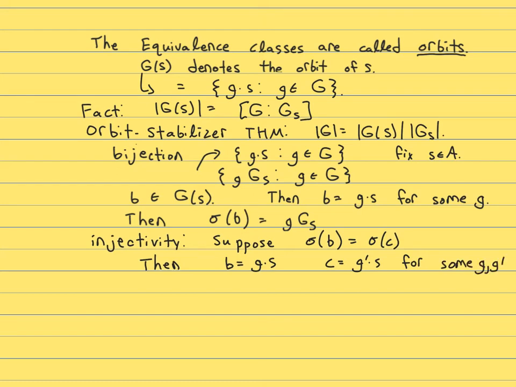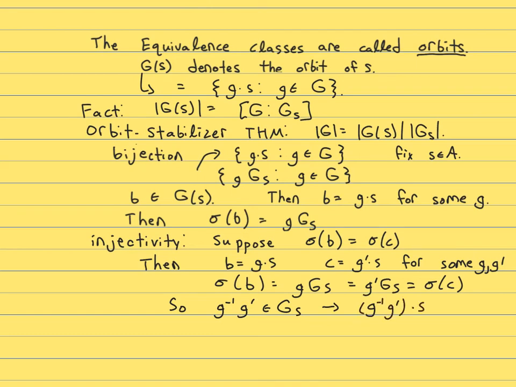These are definitions we needed in order to define our function. Sigma of B is gS, which is simultaneously g prime S, which is sigma of C. Oh, so we're saying these cosets are the same, which means, of course, that g inverse g prime is actually in the stabilizer. Which, of course, means that g inverse g prime dot S is equal to S.